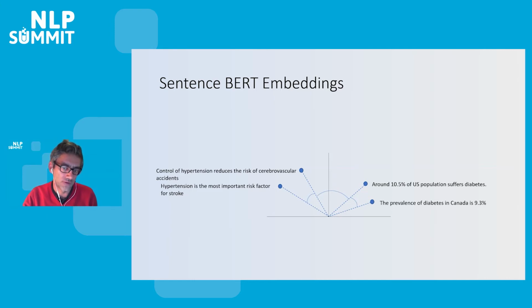And then you have other sentences like around 10% of US population suffers from diabetes, or the prevalence of diabetes in Canada is 9.3%. As those couple of sentences are very similar, they will be close in terms of cosine similarity. So you can leverage that to group sentences by meaning.